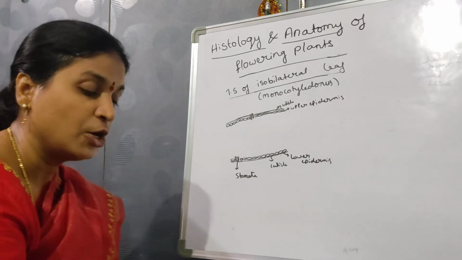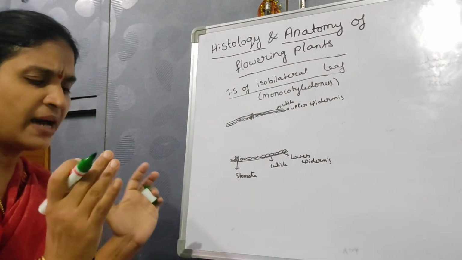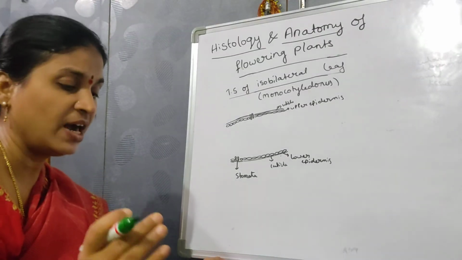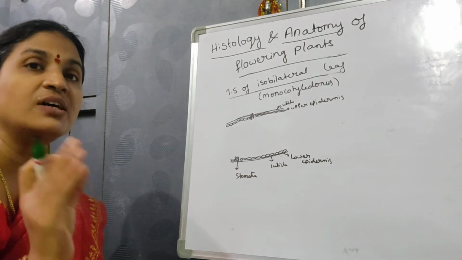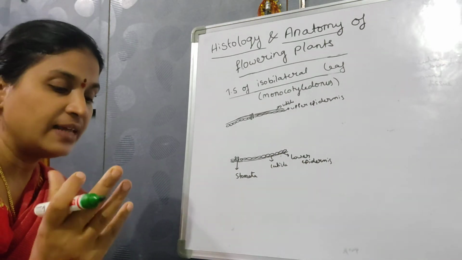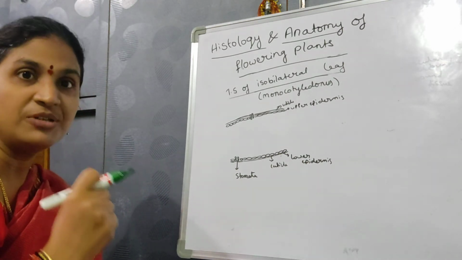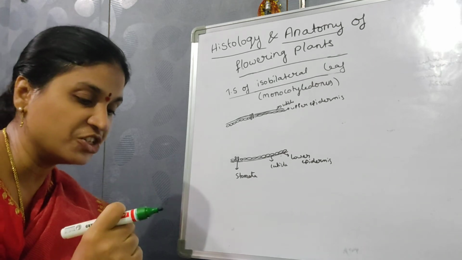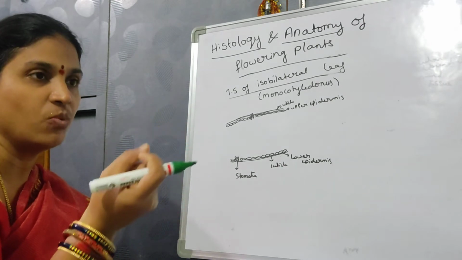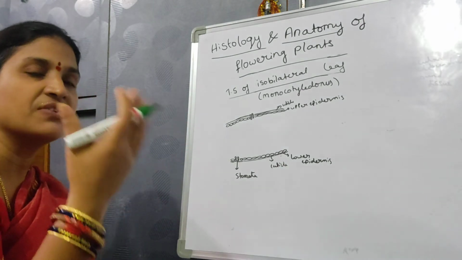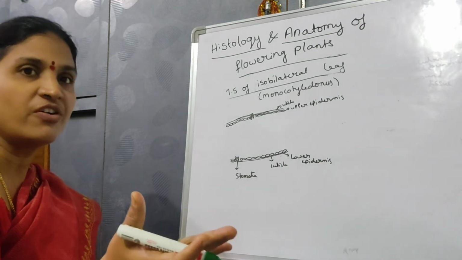These cells are called bulliform cells, and they are compactly arranged without any intercellular spaces. Those bulliform cells absorb water and become turgid, and the leaf surface will be exposed during favorable conditions.